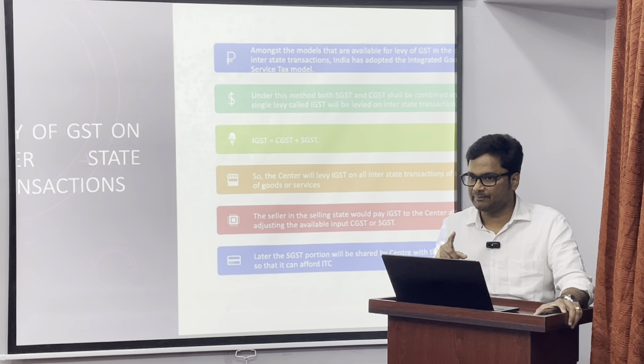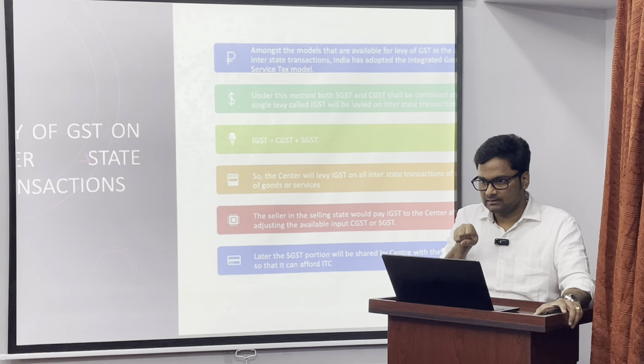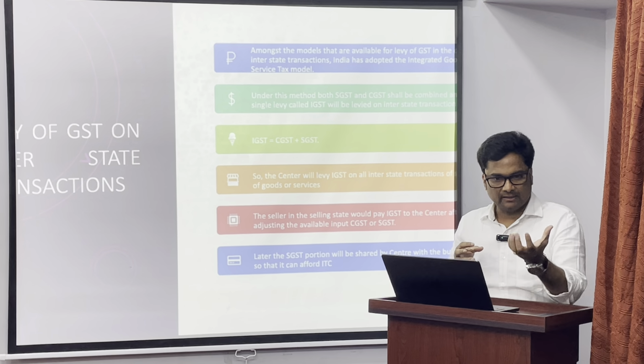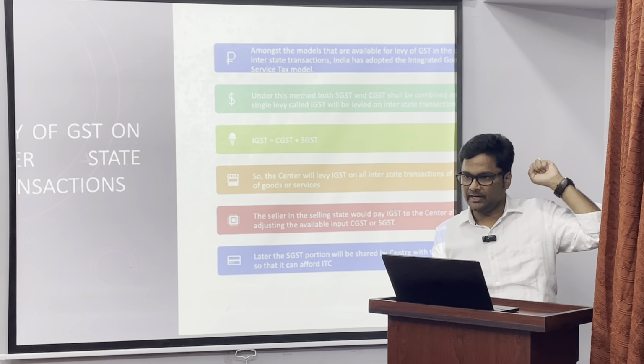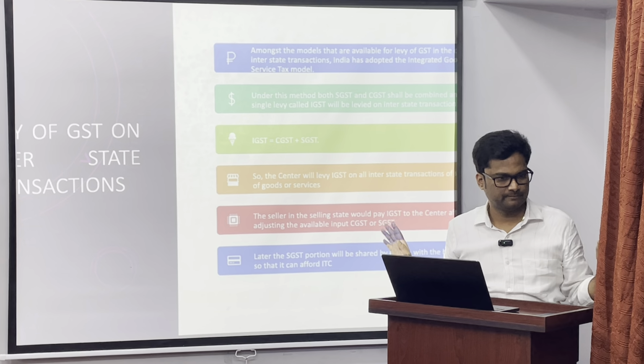In intrastate, what is happening? He is collecting two taxes, SGST and CGST. In an intrastate AP transaction, he will collect AP SGST and CGST. AP SGST will be paid to the AP state government, CGST will be paid to the central government. Over.